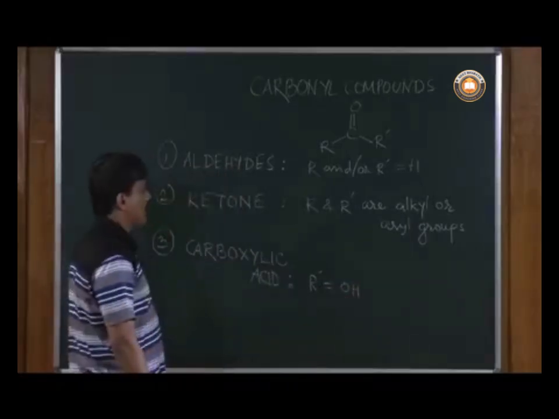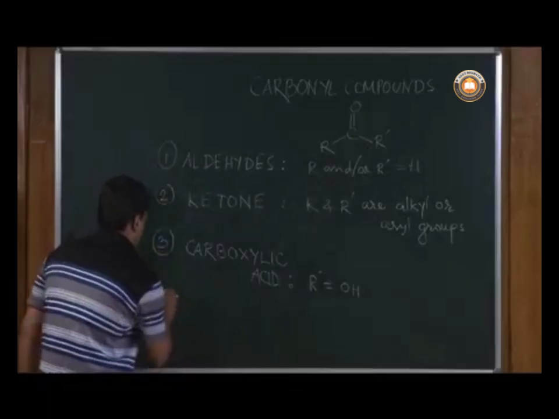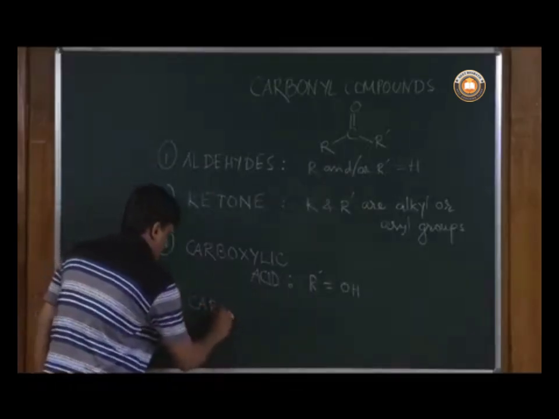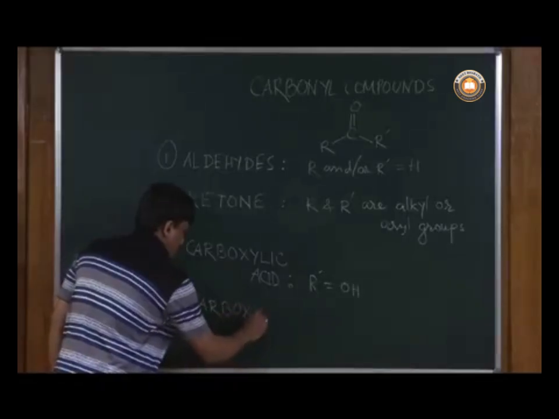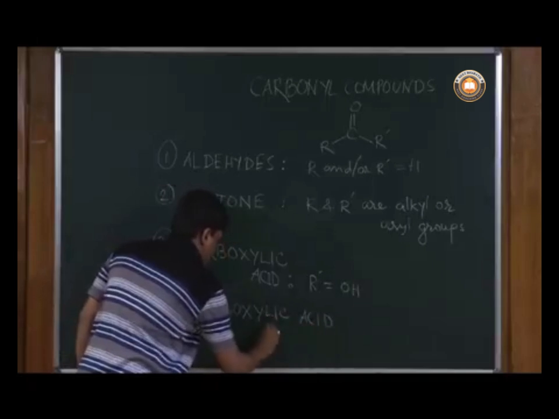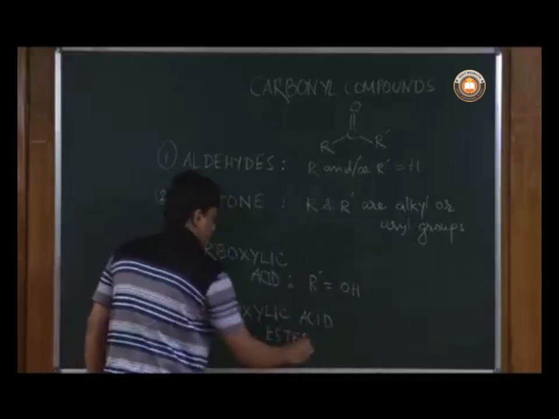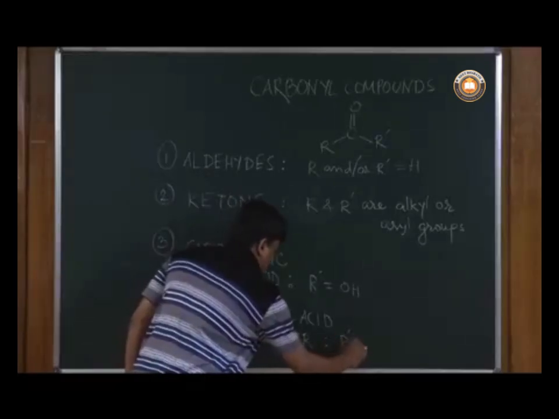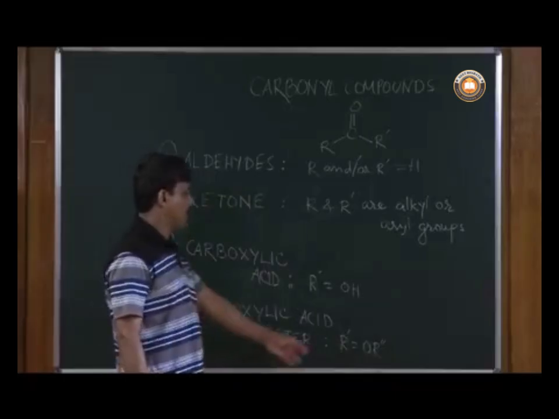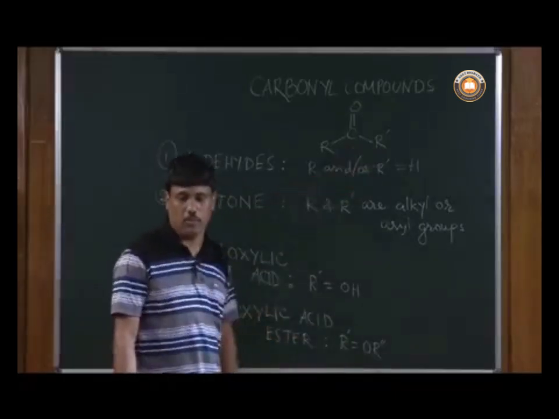In carboxylic acid, the R dash should be OH, and in carboxylic acid esters, there will be an OR dash or OR double dash group.